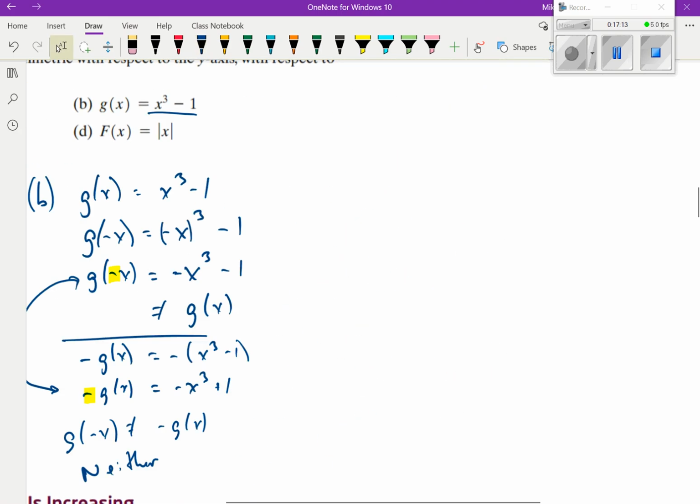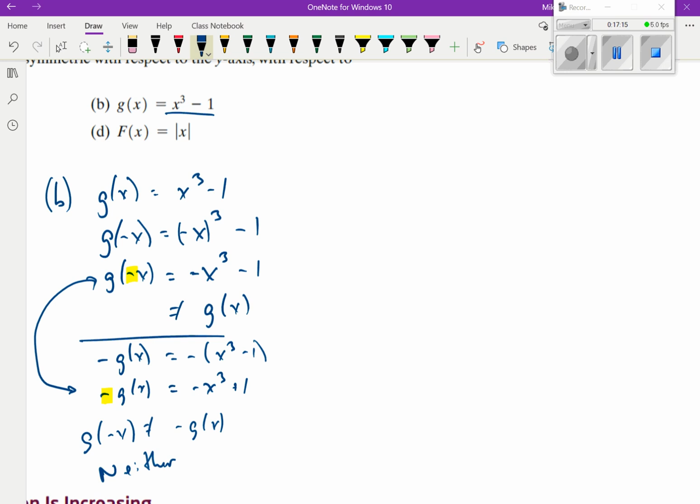Take a look at letter C. Overall, that one was h of x equals 5x cubed minus x. Again, we're asking what happens when I substitute negative x in for x. So, doing my substitutions.